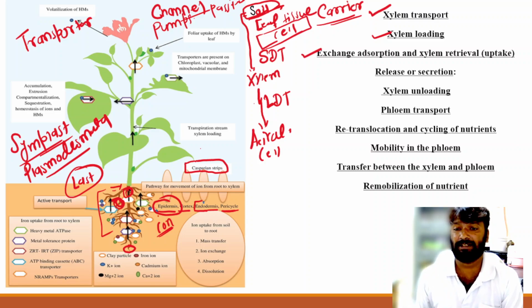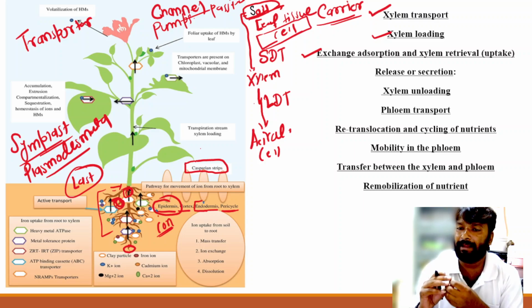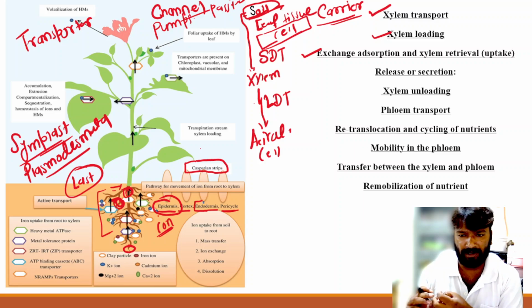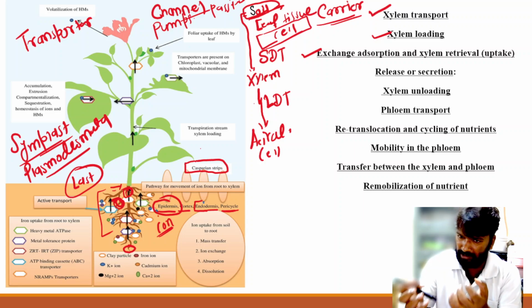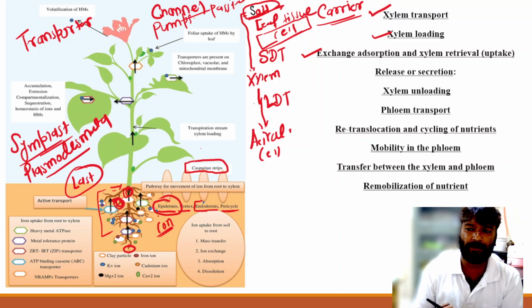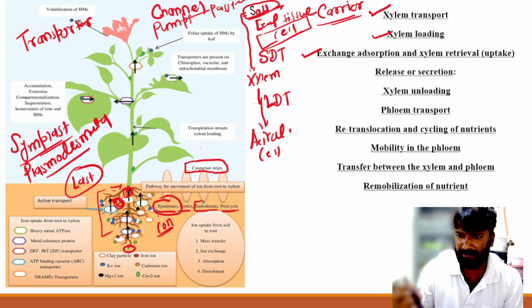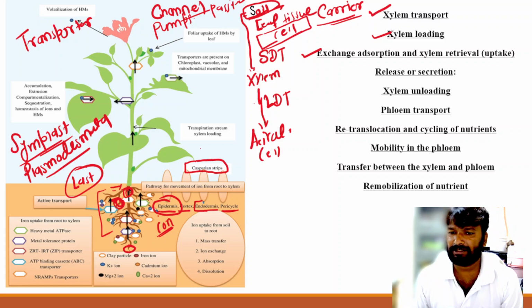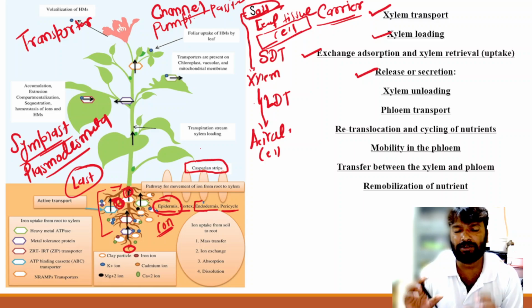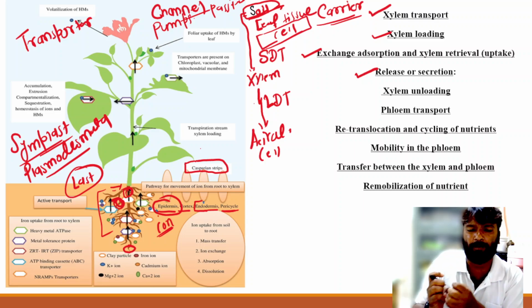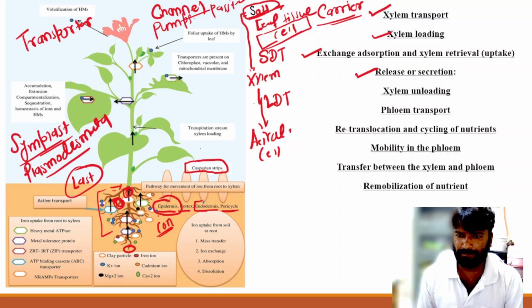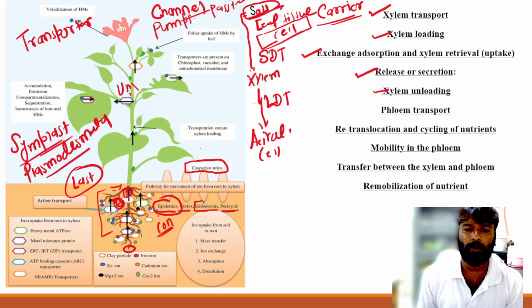Then we will discuss exchange adsorption and xylem retrieval, meaning how the nutrients are also absorbed and taken back up from the xylem. Then we will discuss the mechanism of release or secretion of nutrients from the other cells. Then we will discuss xylem unloading in the aerial parts.